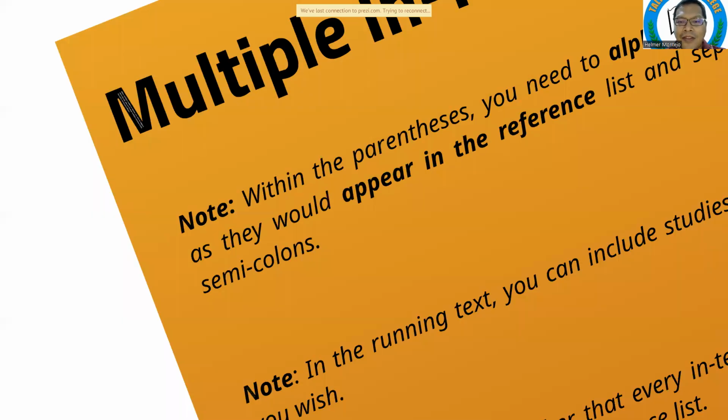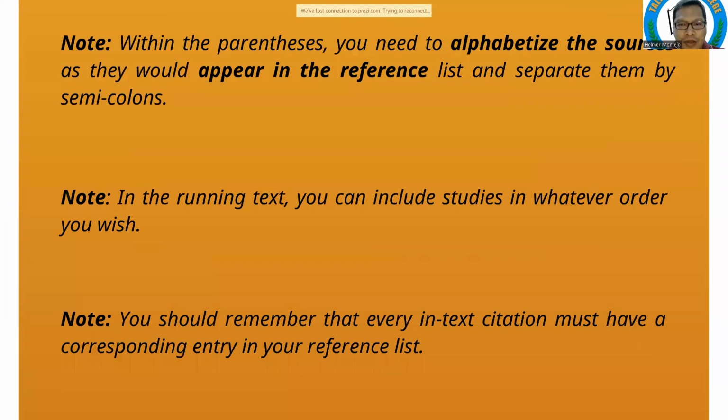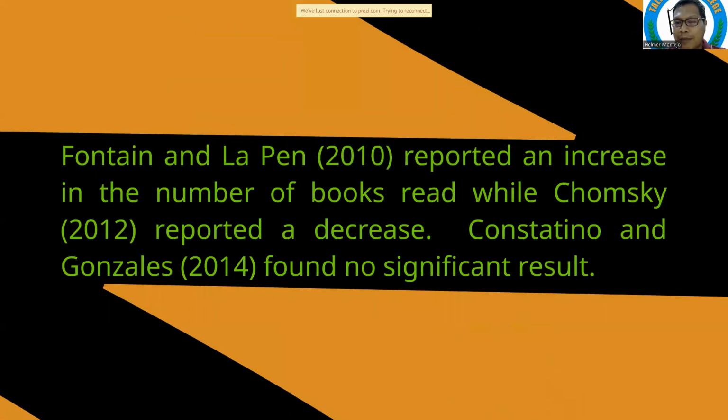Now, another thing to note here is that in the running text, you can include studies in whatever order you wish. For example, Fontaine and Le Pen (2010) reported an increase in the number of books read, while Chomsky (2012) reported a decrease.